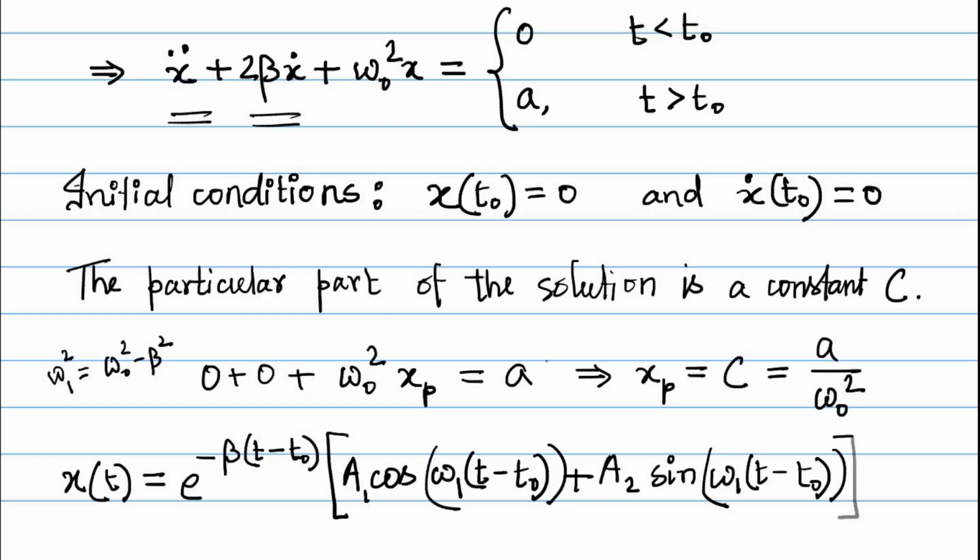So this is the complementary part, and then we should have the particular solution, which is a divided by omega naught squared. Now we need to find the explicit values of the integral constants, namely a1 and a2, and it's the initial conditions that are going to help us determine those values.